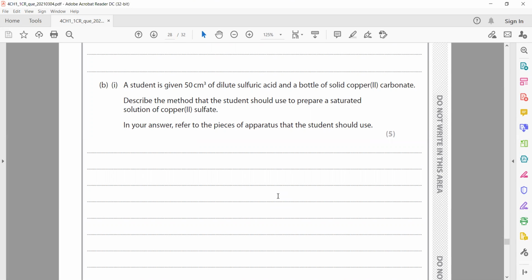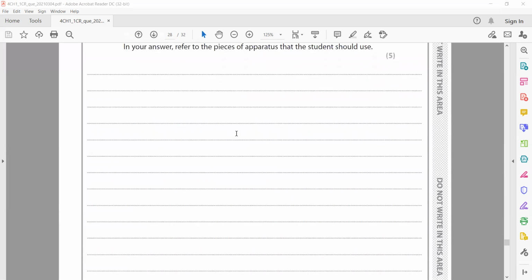So what will the student do? The student will take 50 cm cube of sulfuric acid and transfer it into a flask, and then add copper carbonate using a spatula until no more bubbles form, and then filter the solution to remove unreacted copper carbonate. So now we have a solution of copper sulfate.